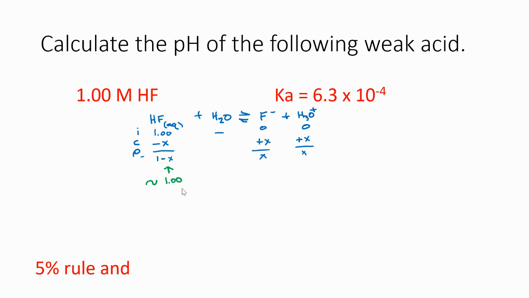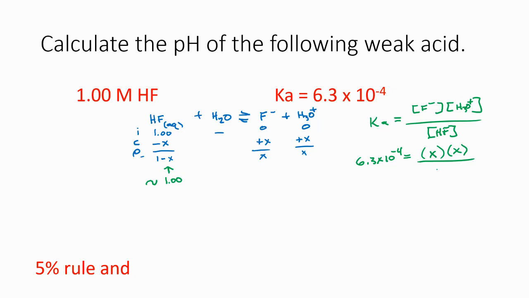So when I go to set up my Ka expression for this, Ka is equal to my products, F minus times H3O plus, over HF. I can plug in the given Ka value, 6.3 times 10 to the minus 4. I can plug in X for F minus, X for H3O plus, and 1 for HF.